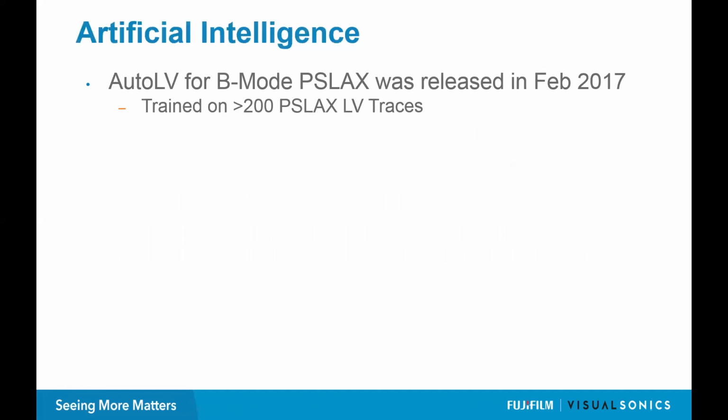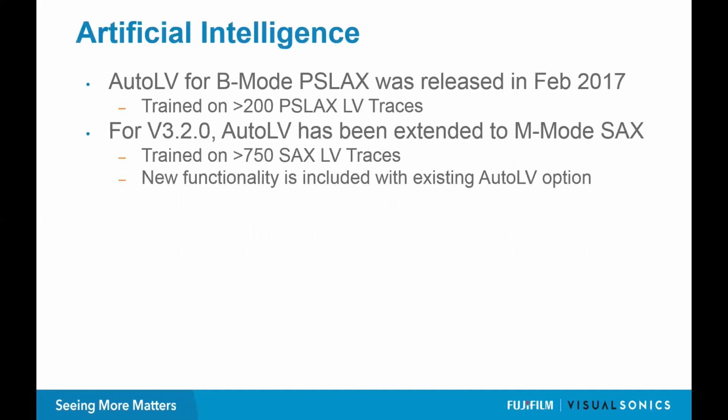So the Bmode long axis version of AutoLV has been out actually for 2 years now, and had a smaller training set. Again, for this version of 3.2 now, we've extended AutoLV to work on Mmode short axis with a very large set of training data to help to refine the algorithm.